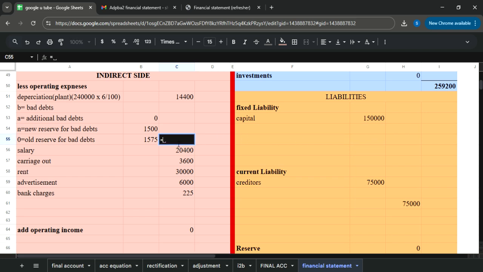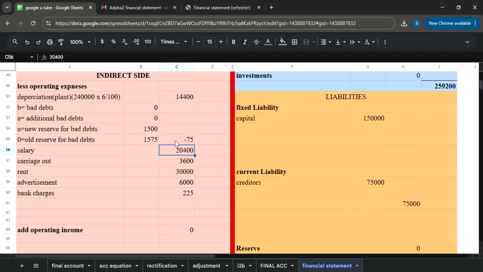This is bad debt adjustment, where we can see that bad debts are not present, so you may write over here 0. What you will have to do, first three amounts would be added: bad debts plus additional bad debts plus new reserve minus old reserve, so we have got minus 75.